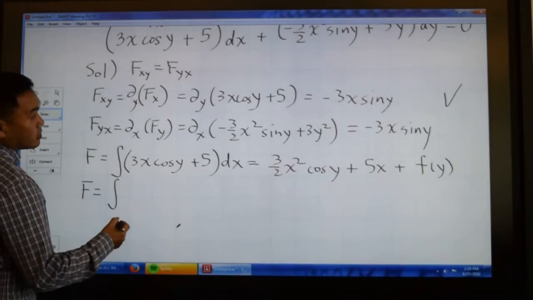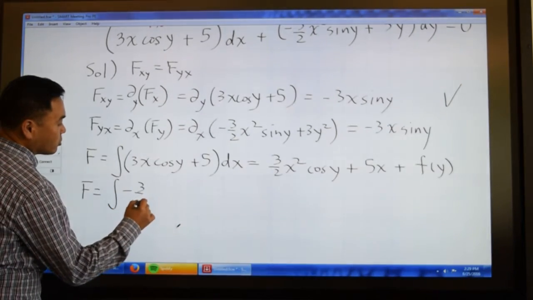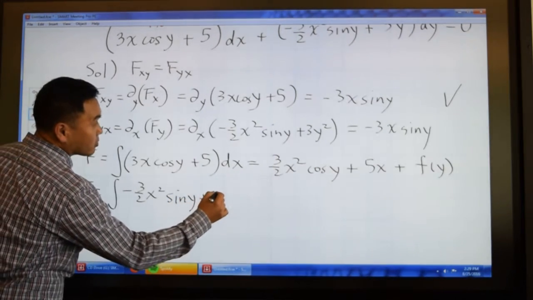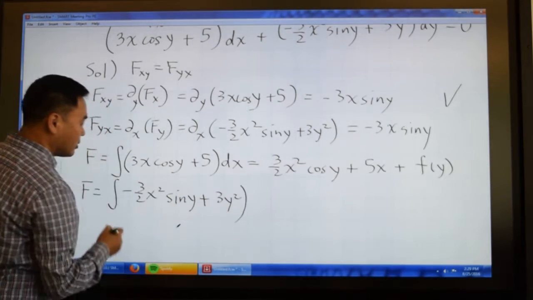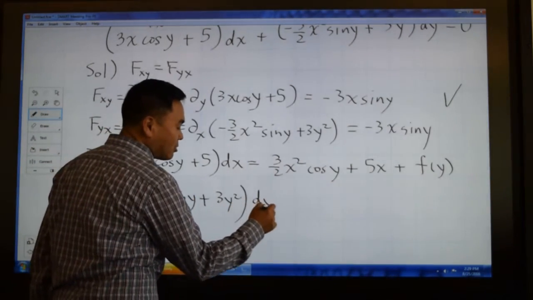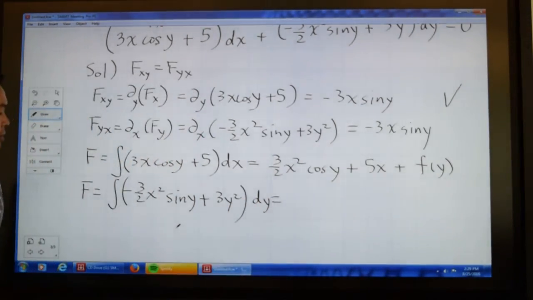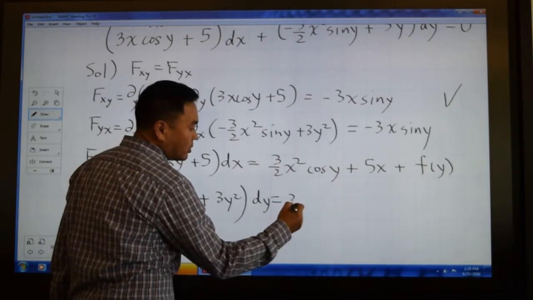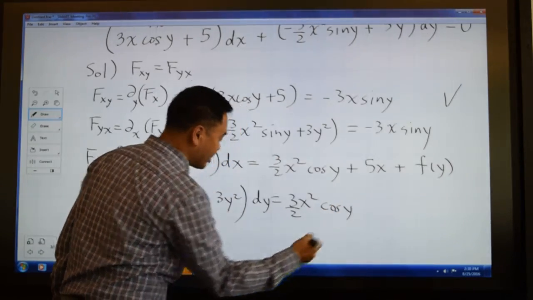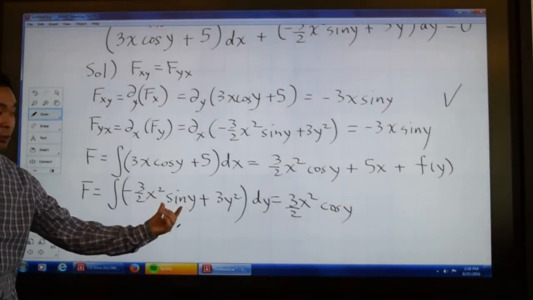All right, next, we take negative 3 over 2x squared sine y plus 3y squared. This time, because this is f of y, to undo it, I'm going to integrate by y. And that gives us 3 over 2x squared cosine y again, because if you integrate sine y, it's cosine y.